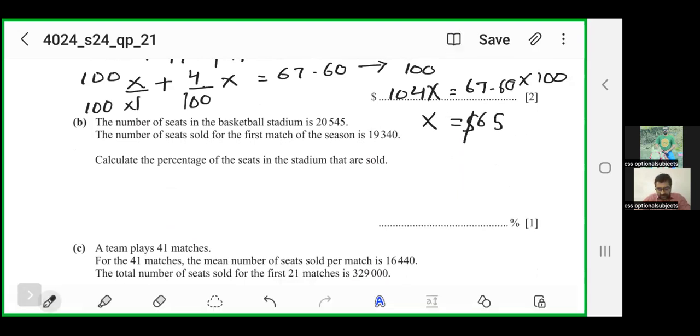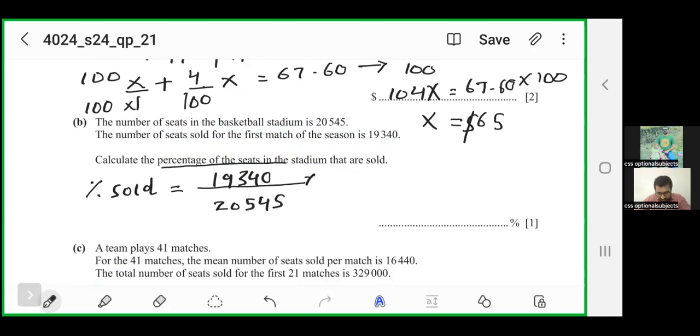Then the next question is, the number of seats in the basketball stadium is 20,545. The number of seats sold for the first match of the season is 19,340. Calculate the percentage of seats in the stadium that are sold. Well, that is very simple. The percentage of seats that are sold is the number of seats that were sold, 19,340, divided by the total number of seats, 20,545, times 100.